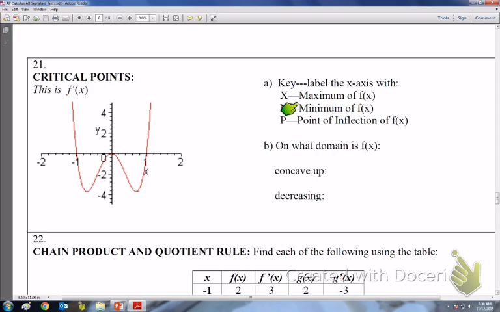So do me a favor. How do we know when we will have a maximum from judging by this graph? How do we know when there will be a maximum on f of x? I hear when it's going from increasing to decreasing. Is that right? Yes. So from increasing to decreasing, what does that look like here? Give me some x values that I'm looking at. I hear 0.